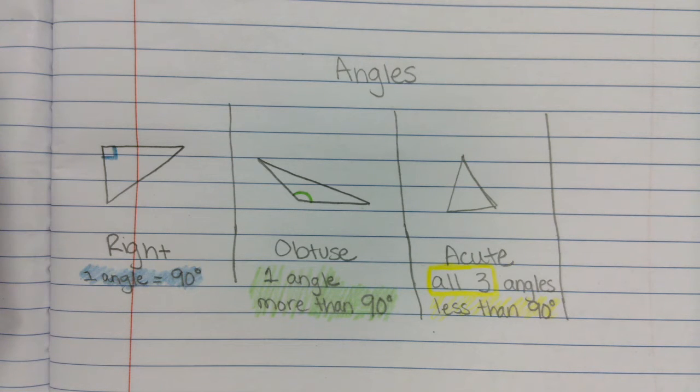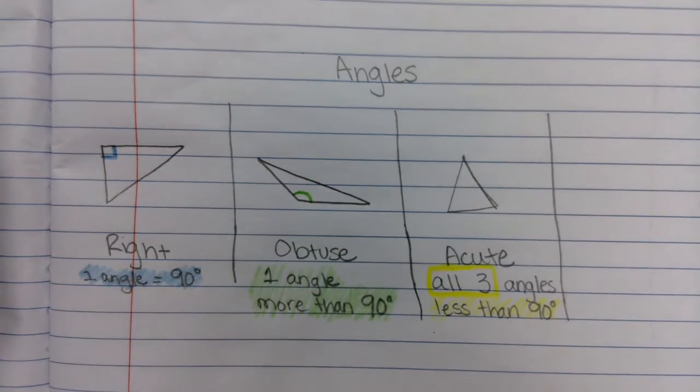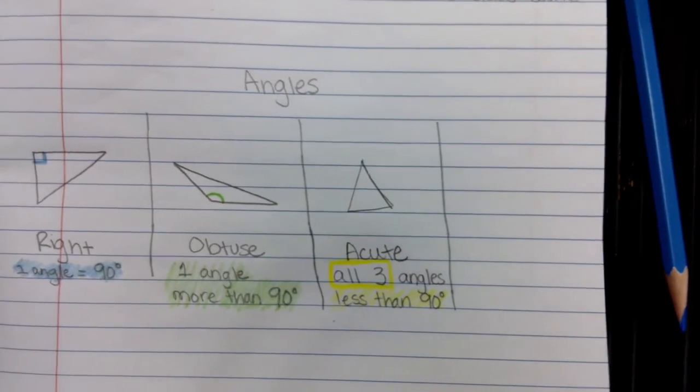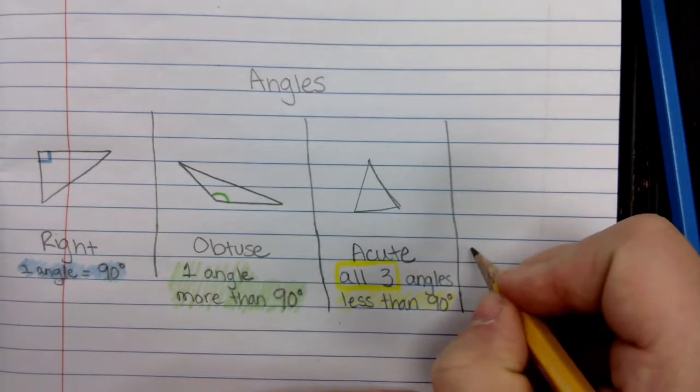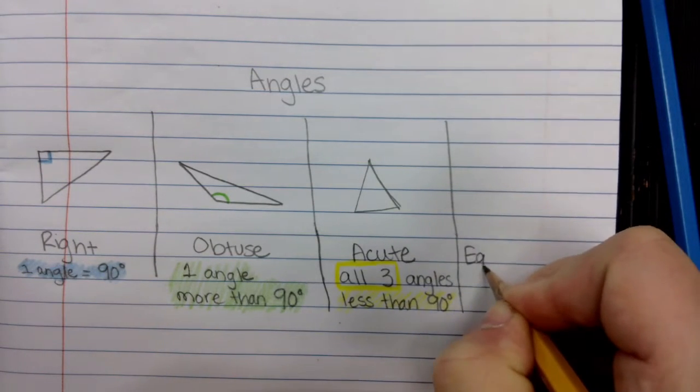All right, there is one more. This one is technically acute, but we can be a little bit more specific than acute. And this is where all the angles are equal. So we're going to call this equiangular.